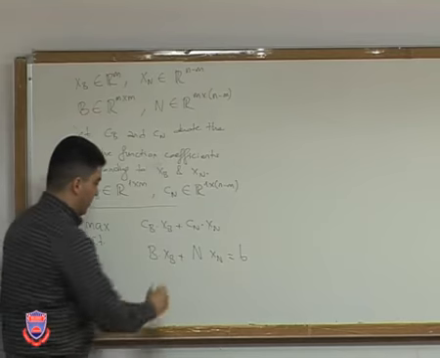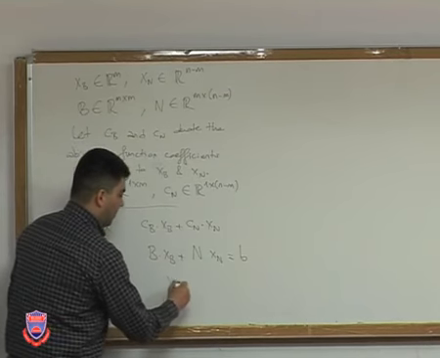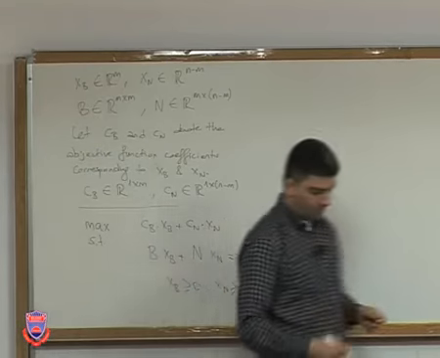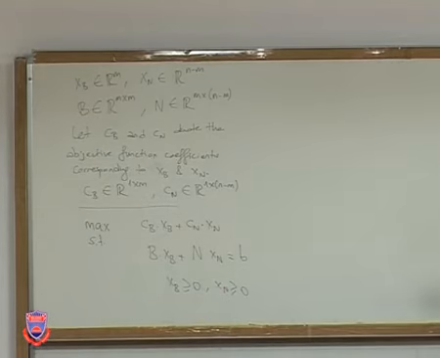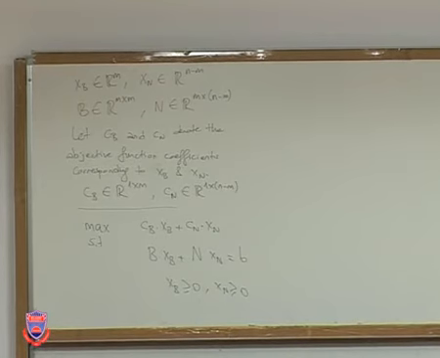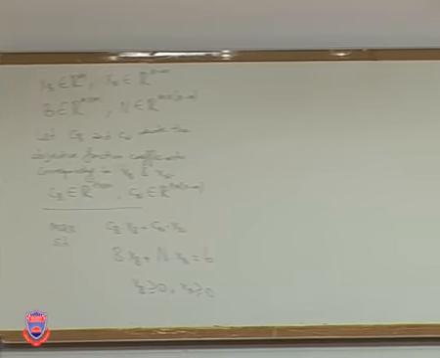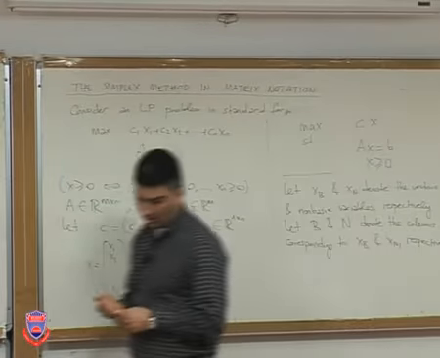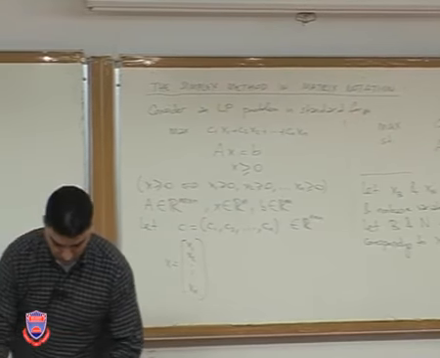And then I'm going to have xB greater than or equal to 0 and xN greater than or equal to 0. So essentially all I'm doing is I'm just decomposing my variables into basic and non-basic parts. And that problem is the same as this problem, actually. So far, I haven't done anything extraordinary.